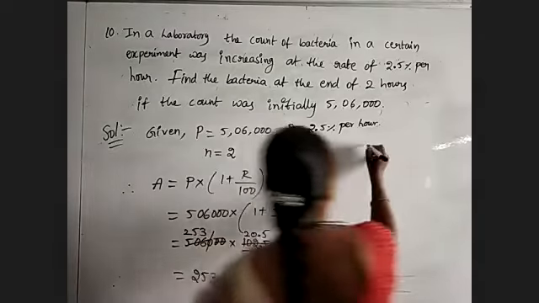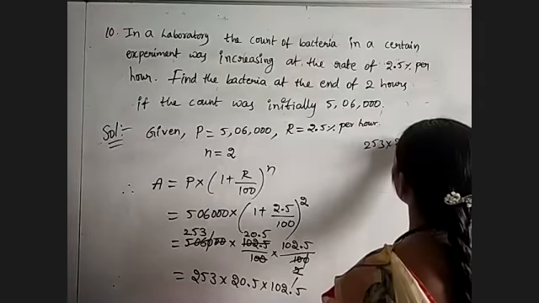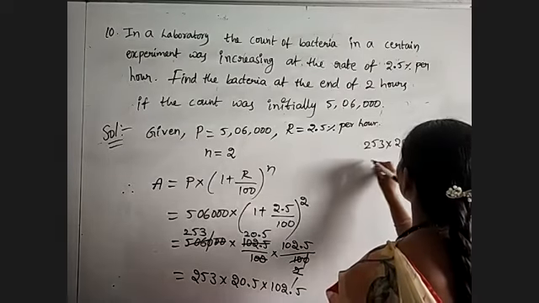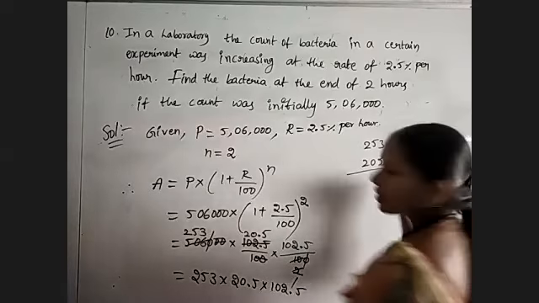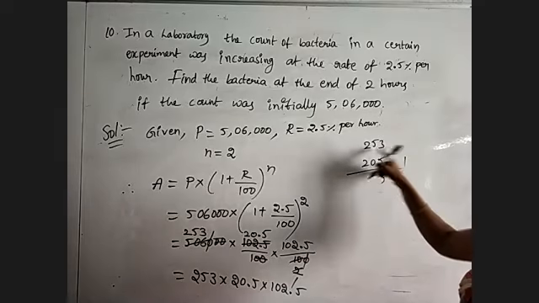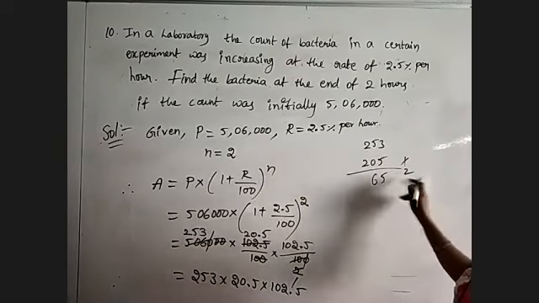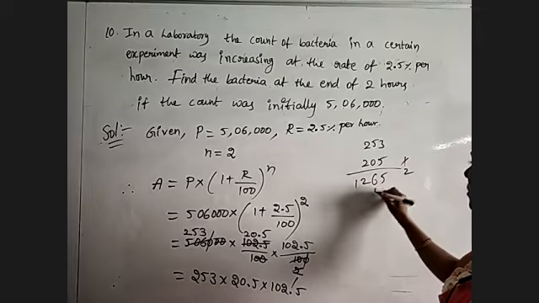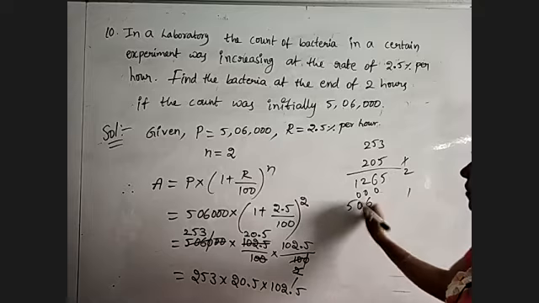First I am taking the product of 253 into 20.5. 5 threes are 15, 5 fives are 25, 25 plus 1 is 26, 5 twos are 10, 10 plus 2 is 12. Then 2 threes are 6, 2 fives are 10, 2 twos are 4 plus 1, 5.